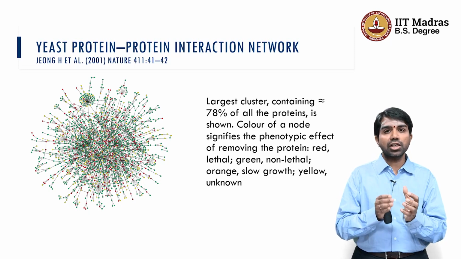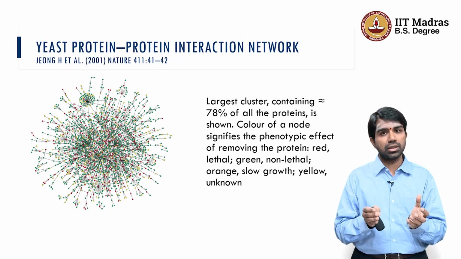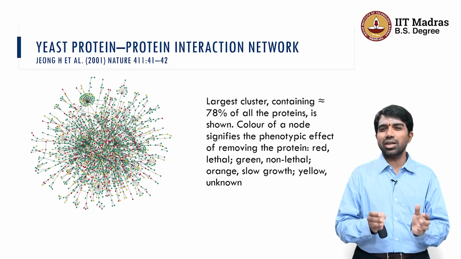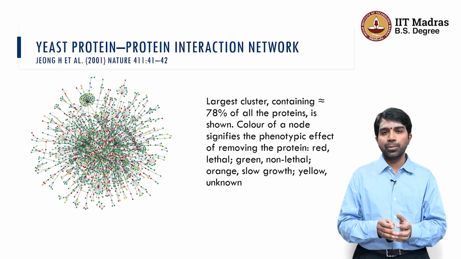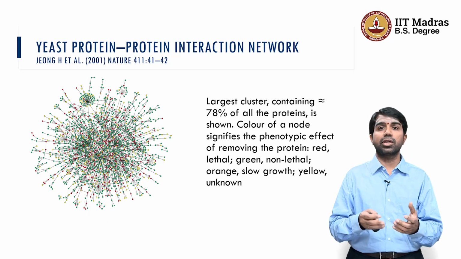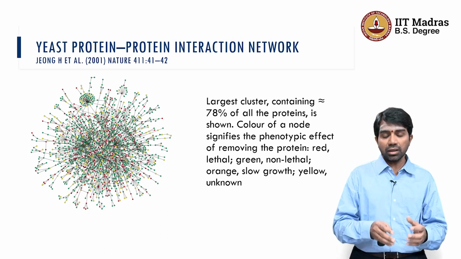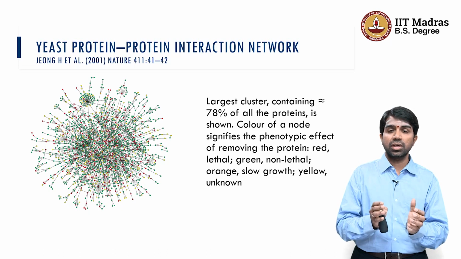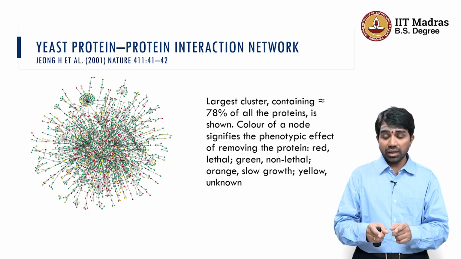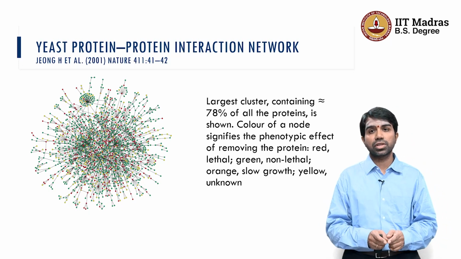A large fraction of nodes typically sits in the largest connected component. This is very common in all biological networks. If you perform any analysis of these kinds of networks in any of your assignments, you will notice that a very large fraction of nodes sit in a single connected component in the network. And that is the component that is shown on your screen right now.